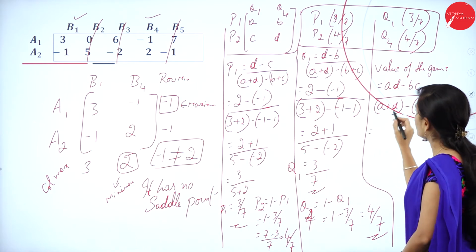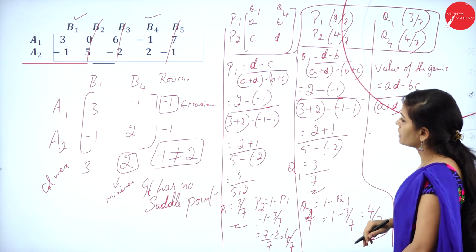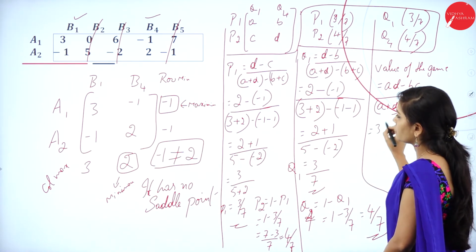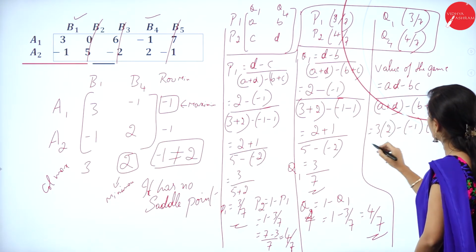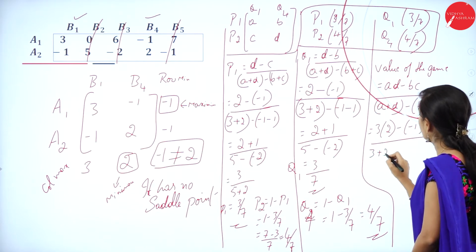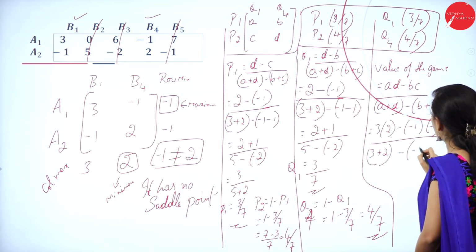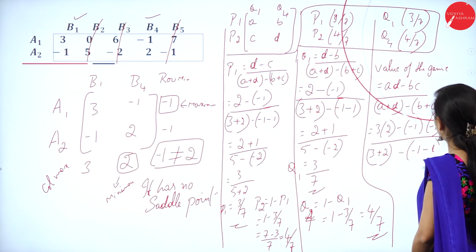So AD minus BC, 3 into 2 minus 1 into minus 1, by 3 plus 2 minus 1 minus 1.